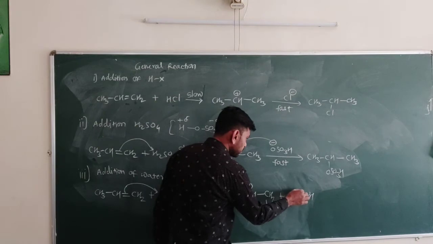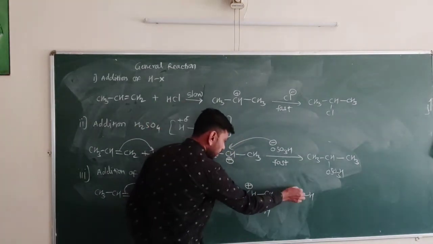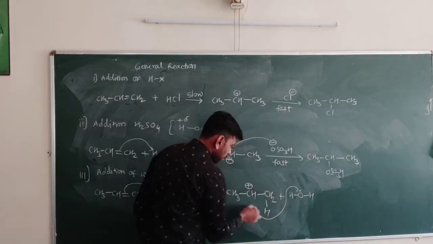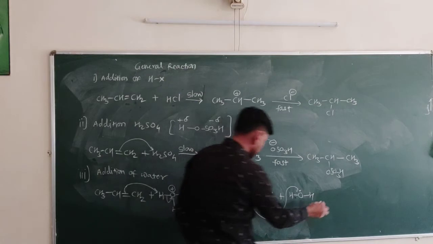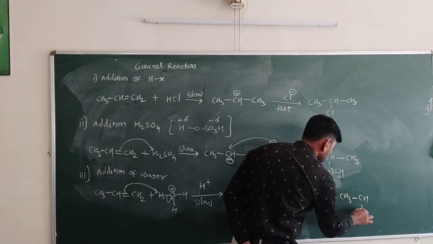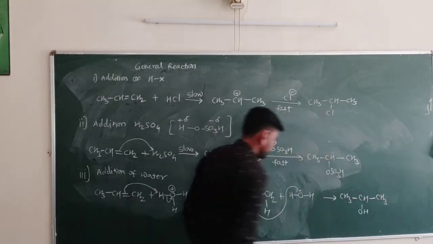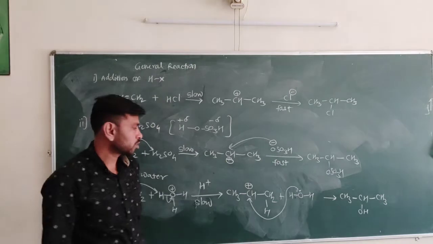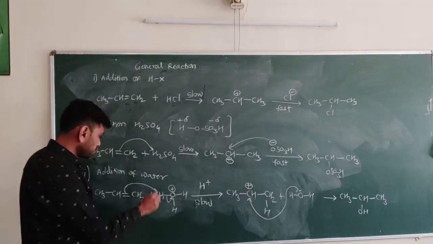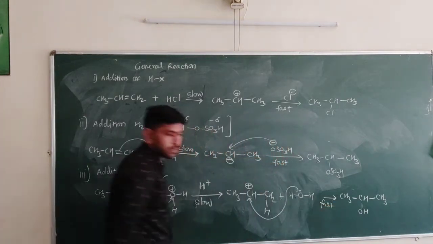This neutral species attacks on this carbocation, and we get the formation of the addition product. So this is the slow step, and the second step is a fast step.